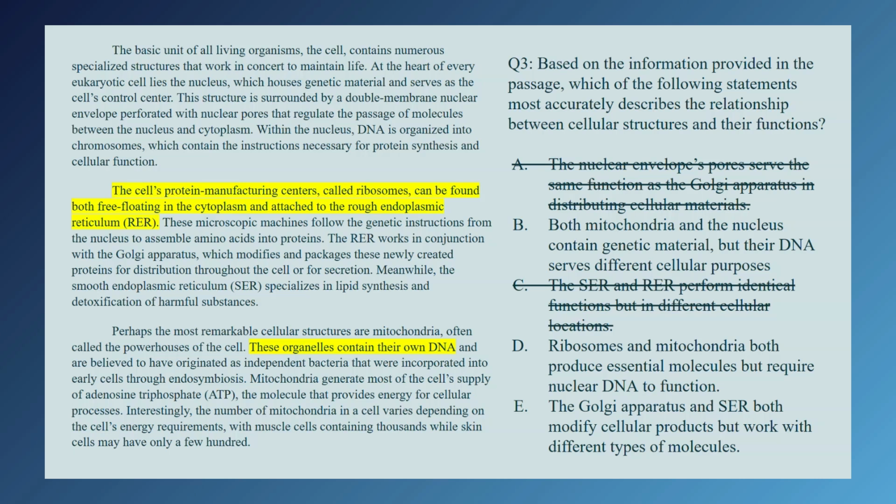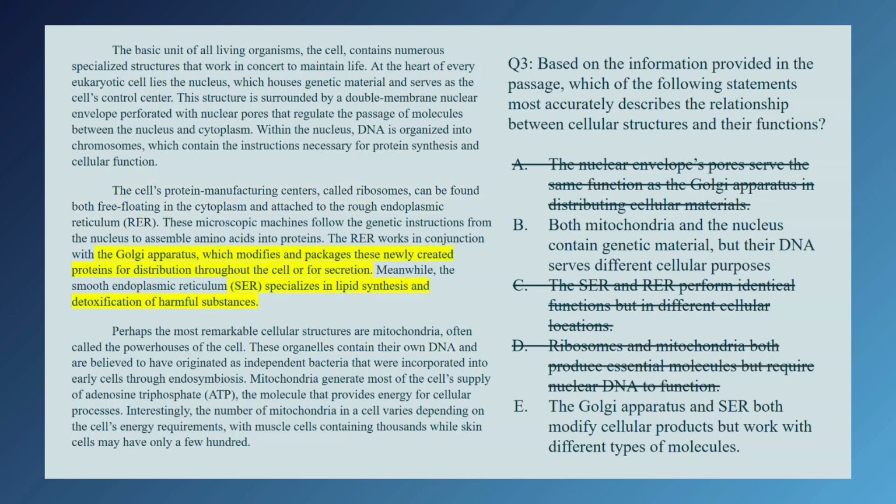So this answer is not supported because the mitochondria don't require nuclear DNA. They have their own DNA, whereas the ribosomes do require nuclear DNA to get instructions necessary for protein synthesis. So we can rule this one out.